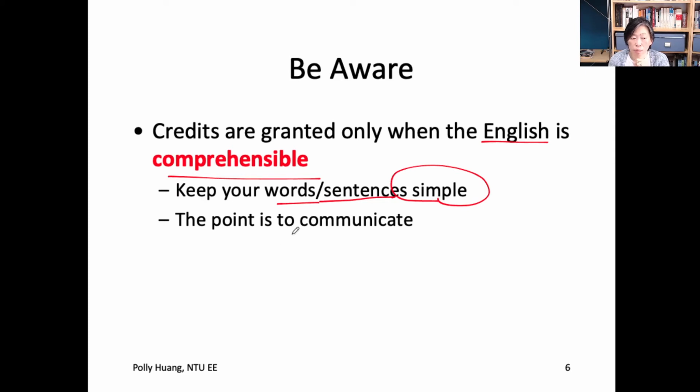And keep in mind, the point is to communicate. You don't need to try to sound elegant or sophisticated. Feel free to be you, feel free to be naive. I don't think any opinion or saying is really naive. So, keep things simple.